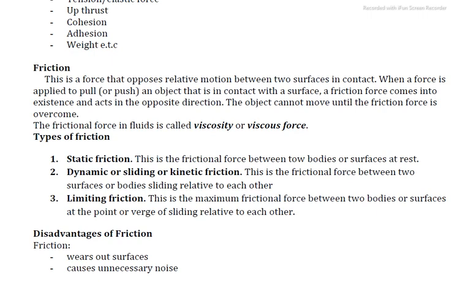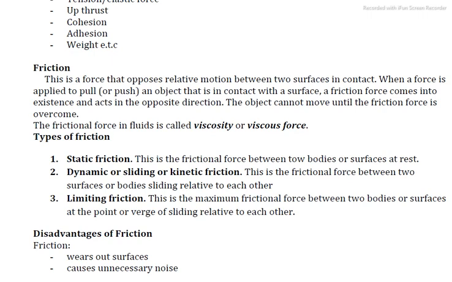Friction has advantages, however, it also has some disadvantages. Before we look at the disadvantages, what are the advantages of friction? Due to friction, we are able to write. Due to friction, we are able to walk without sliding.